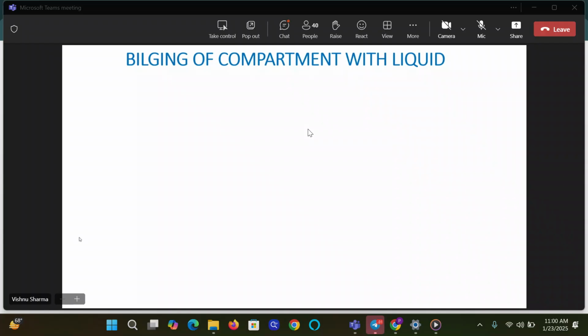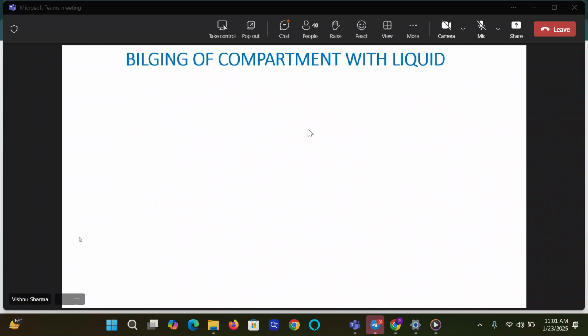Now, guys, when we started with permeability, we discussed certain inherent assumptions, like the cargo not being lost, cargo remaining secure to the ship. And under those assumptions, we did the permeability questions where solid cargo was being carried. But if the compartment which gets bilged has liquid in it, whether it is water, oil, or whatever it may be, the tank content cannot remain inside the tank.